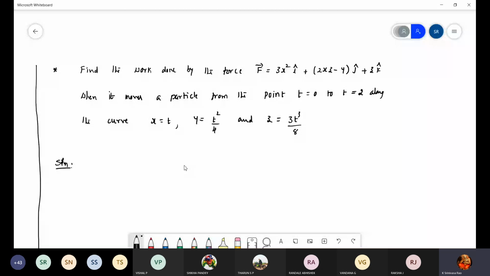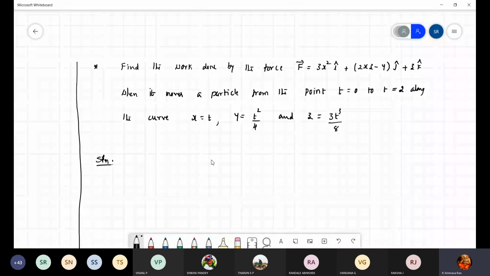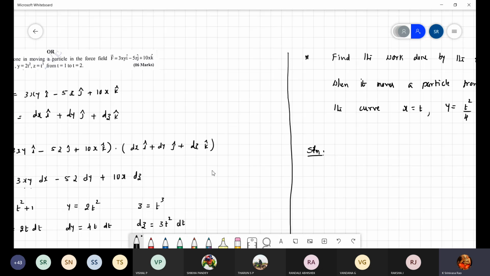Given F and dr, everything, I will start from F dot dr. You write it. Given F is equal to, and what is dr is equal to. So like the previous problem, like this.